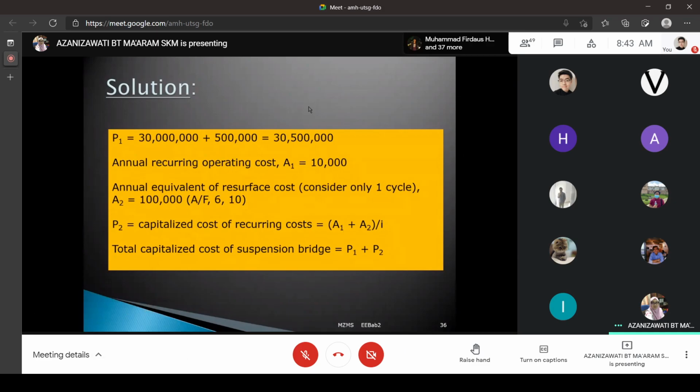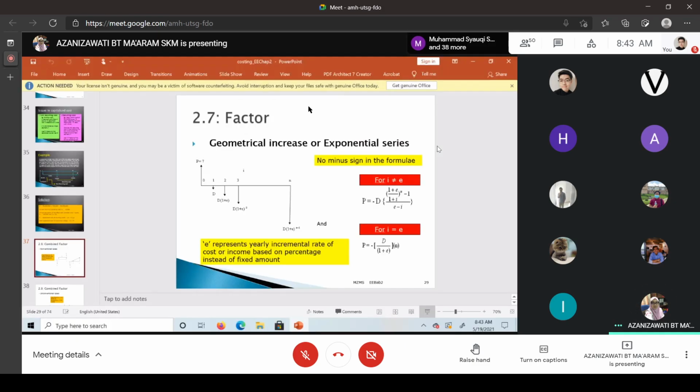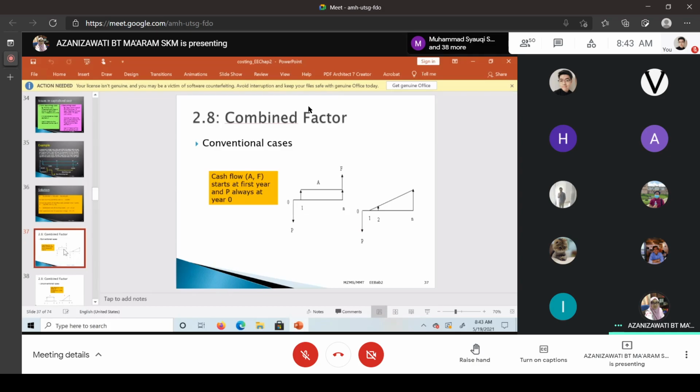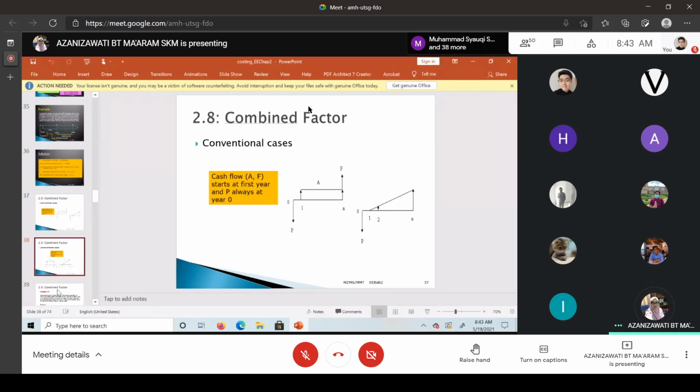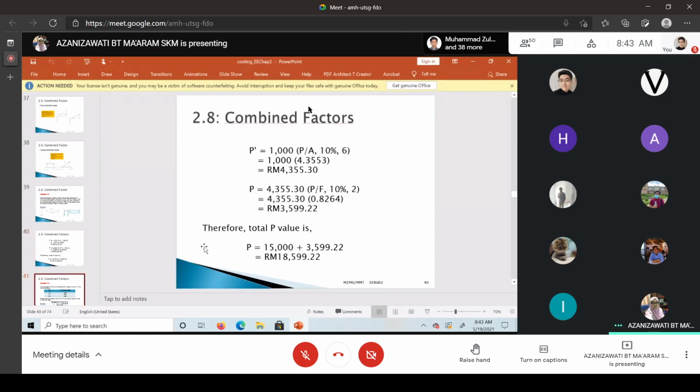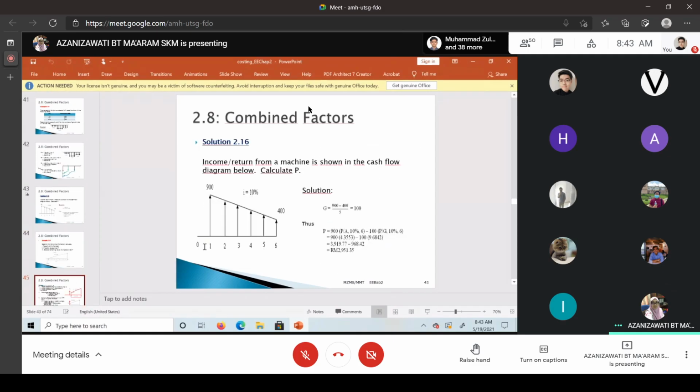Oh, patutlah. Saya tekan. Takkan lama sangat kira. Habiskan kelas sekarang lah. Dia suruh buat apa? Kira apa? Tak ada pun.